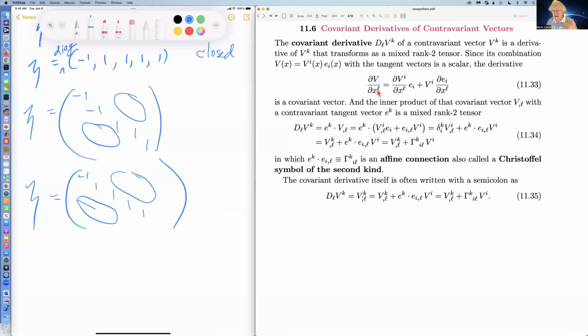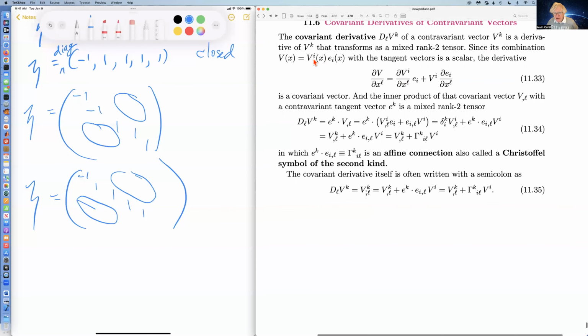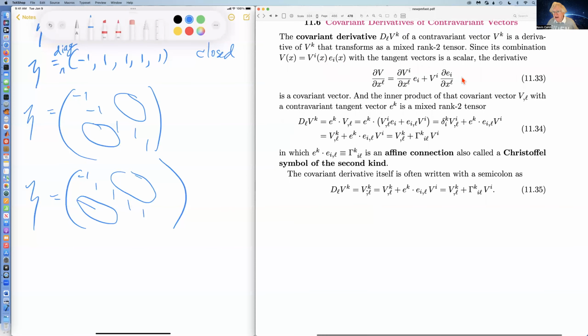And you differentiate that with respect to X L, and now you have a tensor, a rank 1 covariant vector. And since V is this linear combination, you differentiate both V and you differentiate the tangent vector.